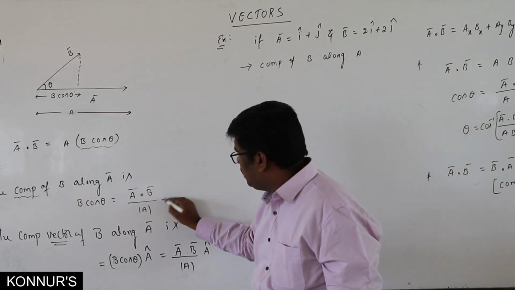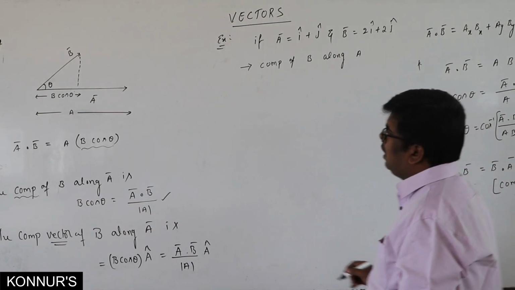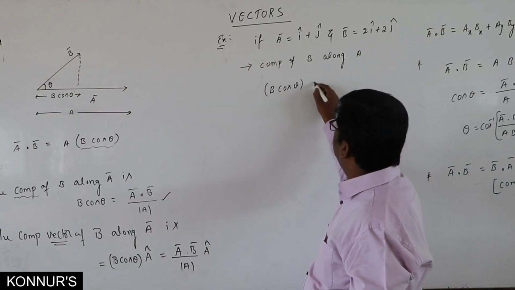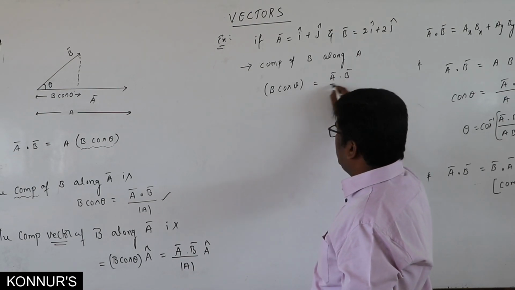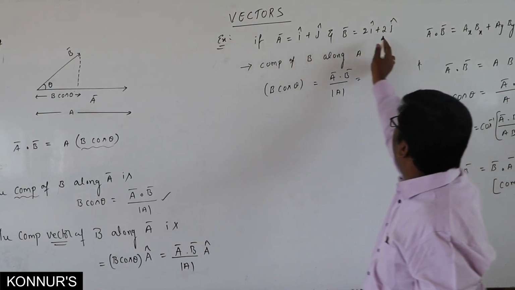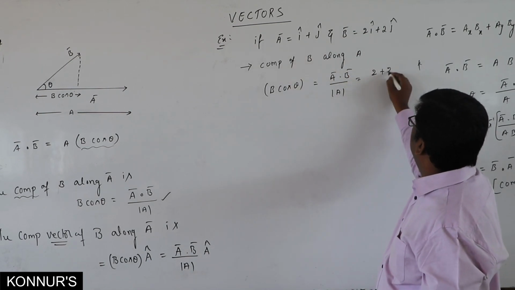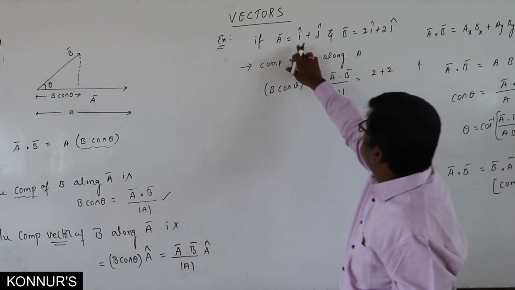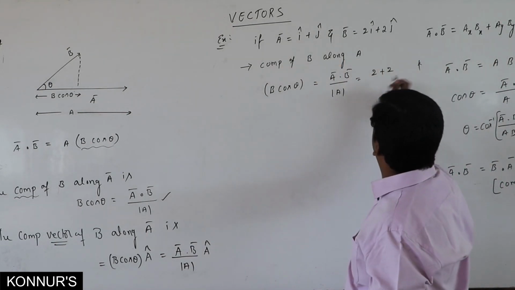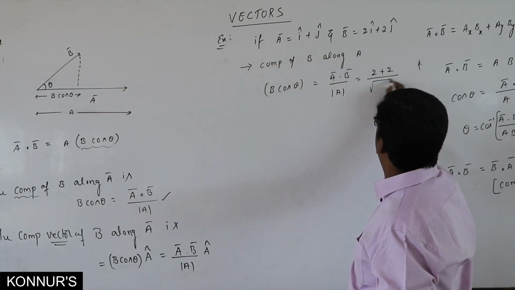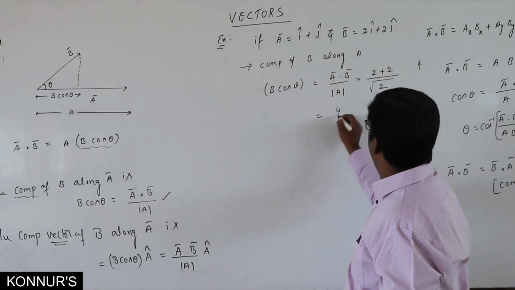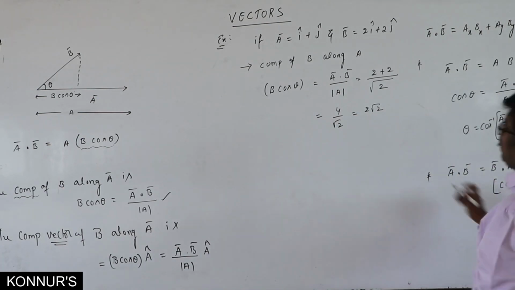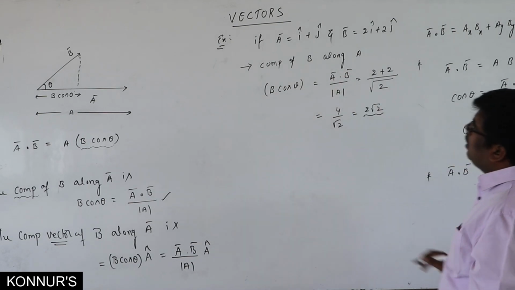You just have to find a bar dot b bar by modulus a. Therefore b cos theta equals a bar dot b bar by modulus a. Here a bar dot b bar is 1 into 2 plus 1 into 2, which is 4, and modulus of a is root 2. Then it is 4 by root 2, or you can write 2 root 2. This is the component of b along a.